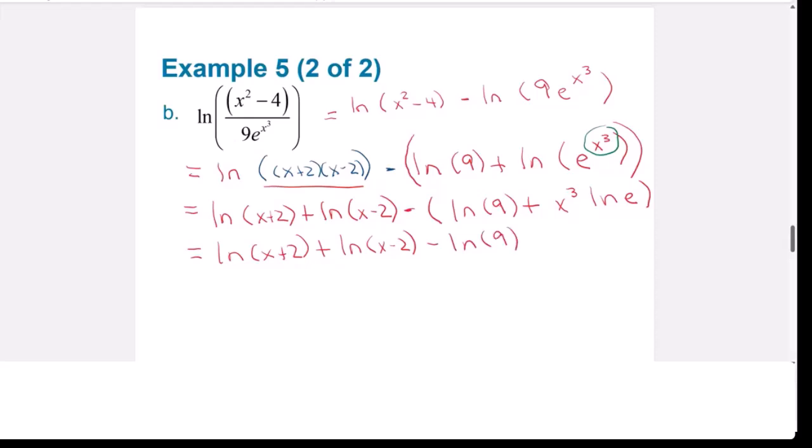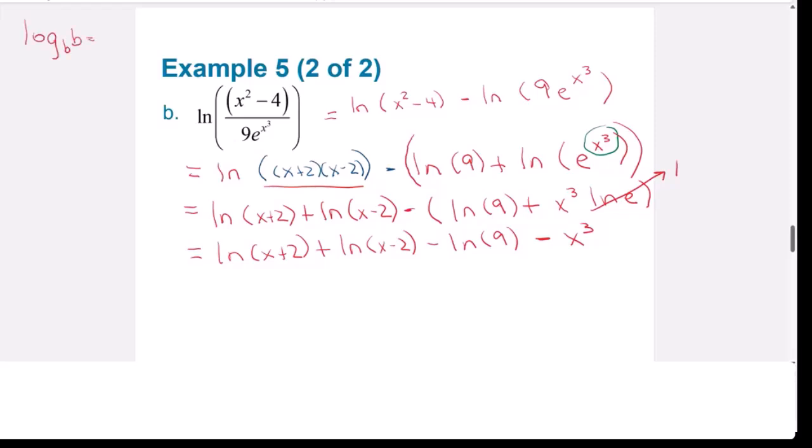And since the base of ln is e, it's not going to help me with ln of 9. It's not going to help me reduce it at all. I can make it 3 squared, but I still don't know the answer without a calculator. So if I'm going to use a calculator, I might as well just put in ln 9 minus x cubed, but ln of e is equal to 1.